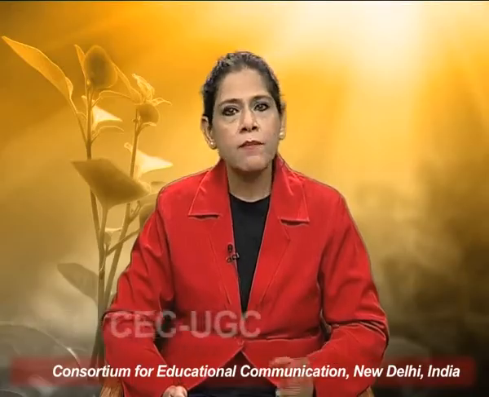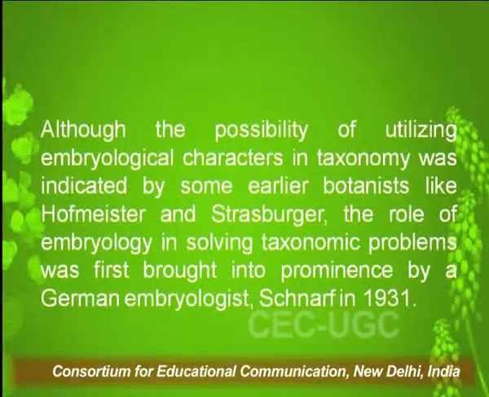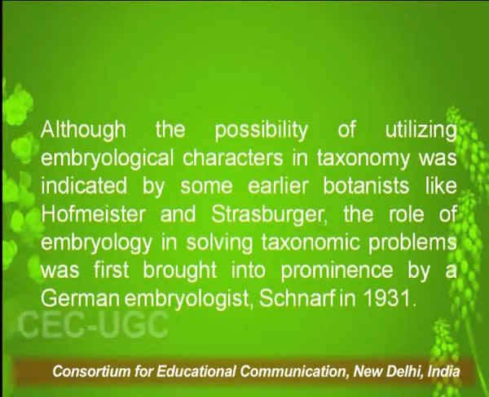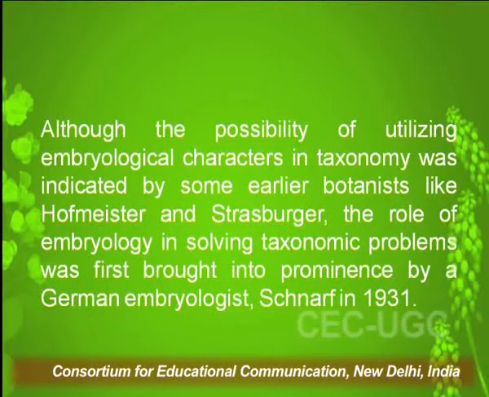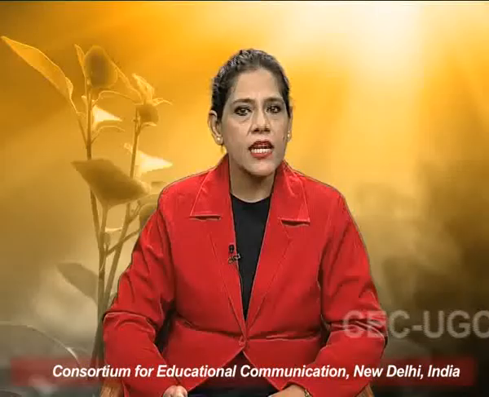Although the possibility of utilizing embryological characters in taxonomy was indicated by some earlier botanists like Hofmeister and Strasburger, the role of embryology in solving taxonomic problems was first brought into prominence by a German embryologist, Schnarf, in 1931.